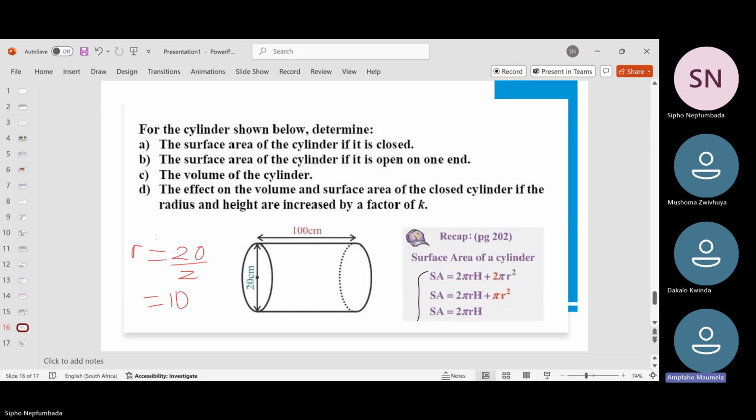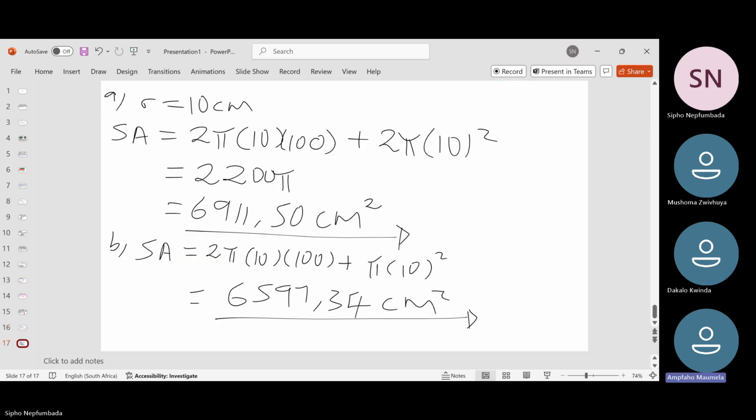For the cylinder shown below, determine the volume of the cylinder. The volume is going to be equal to what? Let's go to the other page.